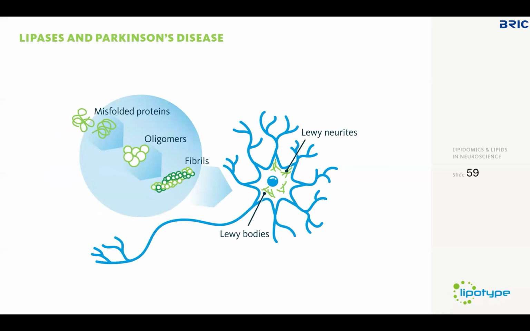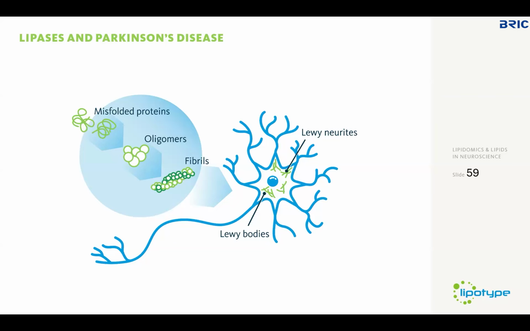Now, Parkinson's disease and other synucleinopathies cause an accumulation of a protein called alpha-synuclein, and it gets misfolded and then formed into Lewy bodies and neurites, and they cluster in the brain cells, and this is basically a hallmark of Parkinson's disease.